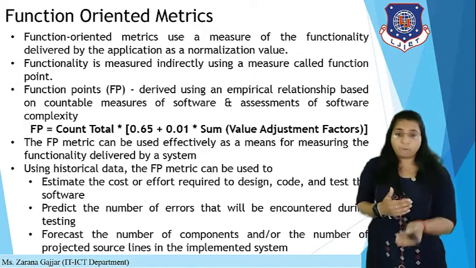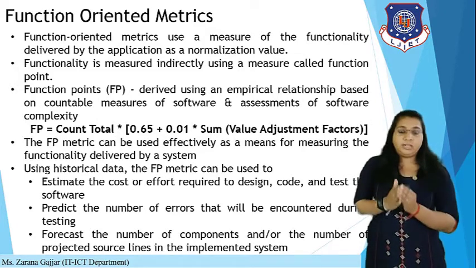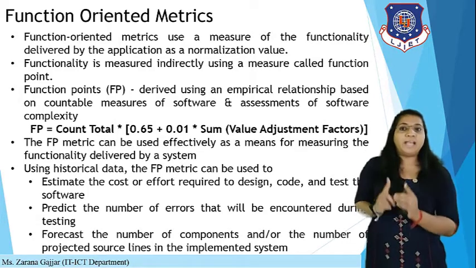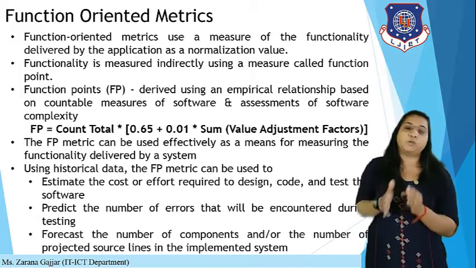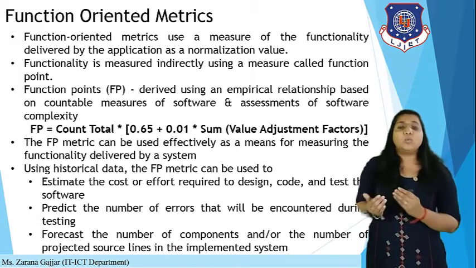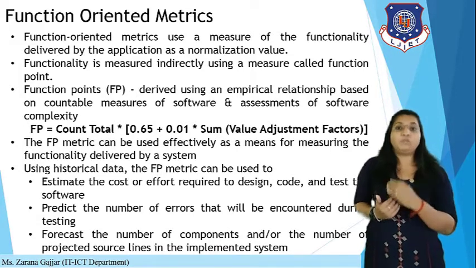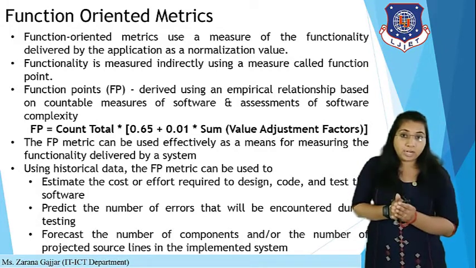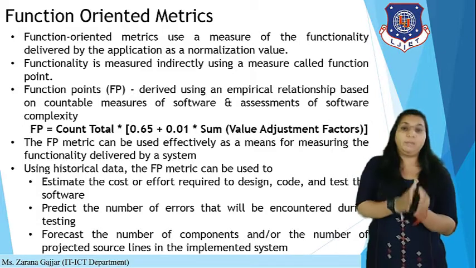So what is a function point? It is derived using an empirical relationship based on countable measures of software and assessment of software complexity. What is the actual relationship between two modules? It uses an empirical relationship based on countable measures.